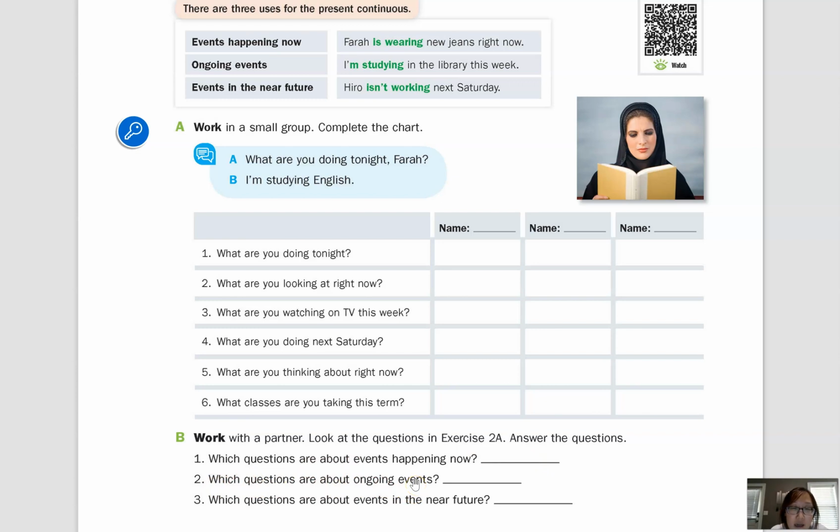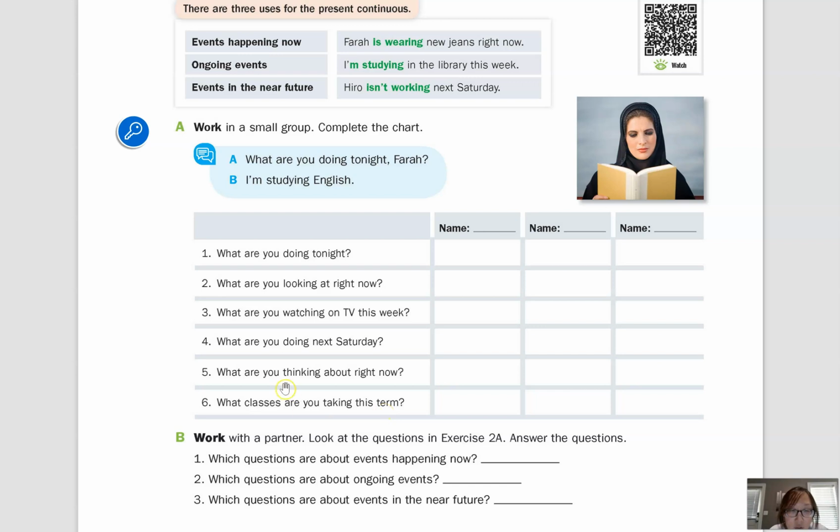And then, which questions are about ongoing events? So again, ongoing events are events that take place over a period of time, and they continue. So some of the hint words are this week, or this summer, or as you can see here, this term.